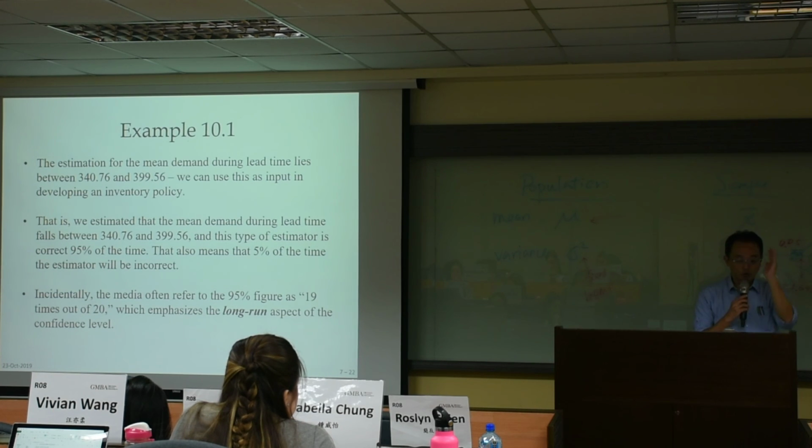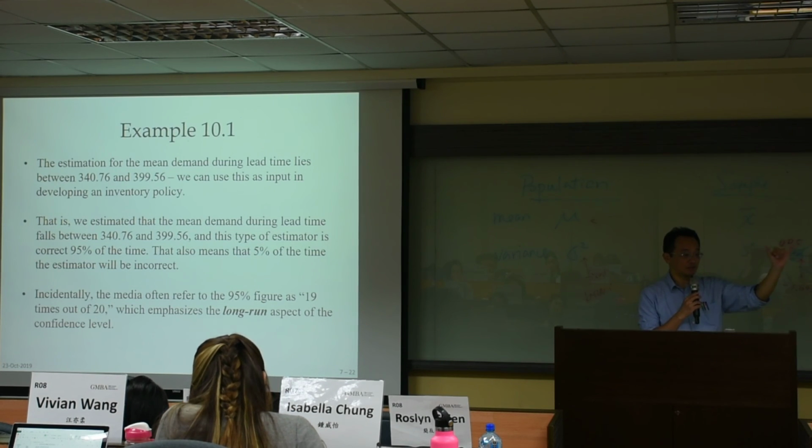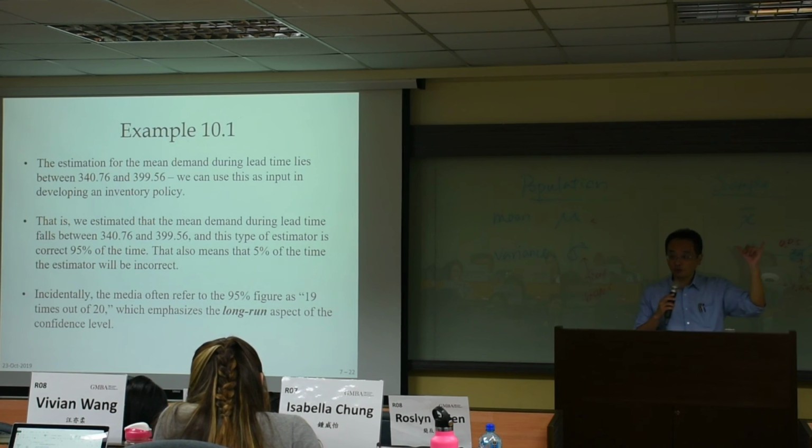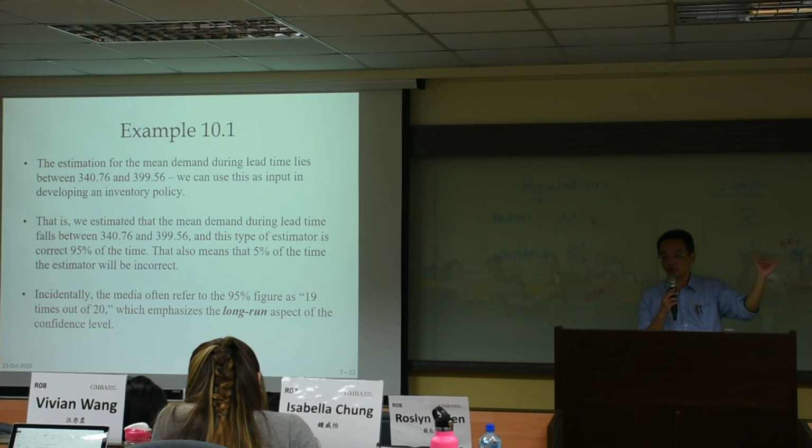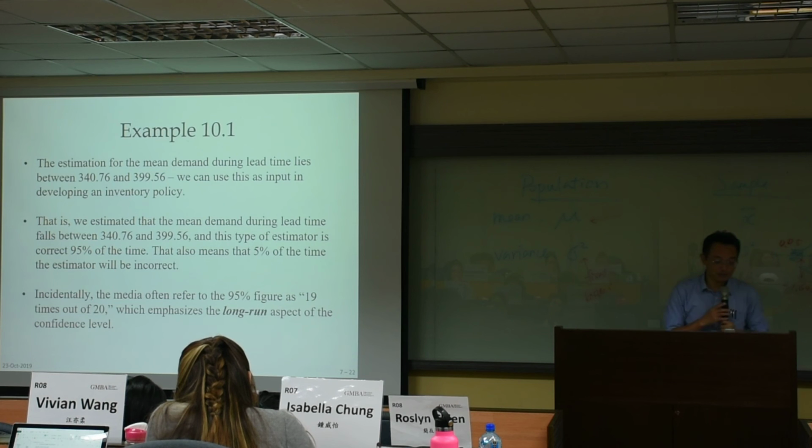But when we say 5% of the time it's incorrect, it does not mean we know whether this particular interval is correct or not, because we have no idea of the population mean value.